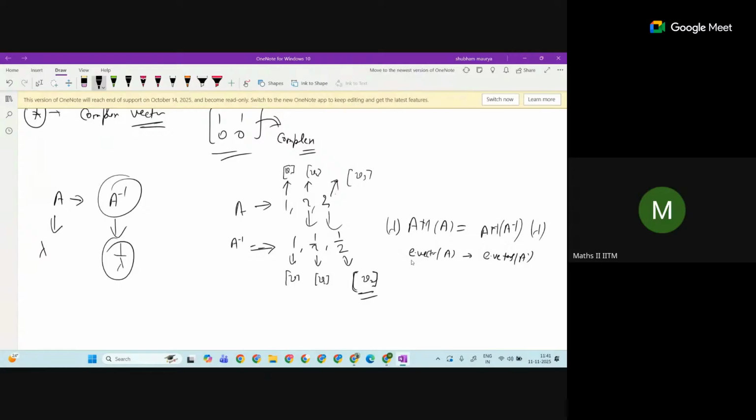The eigenvalues are going to be 1 upon lambda.